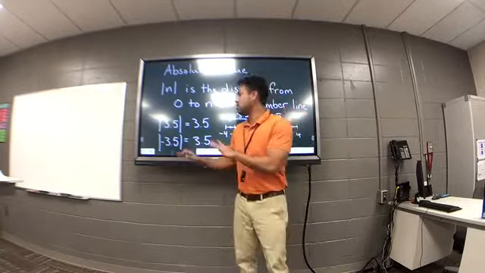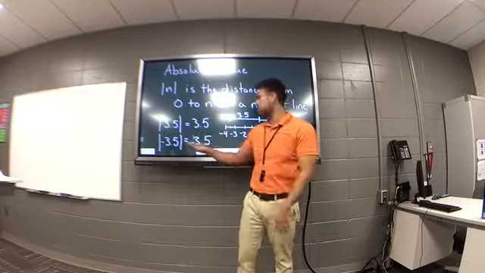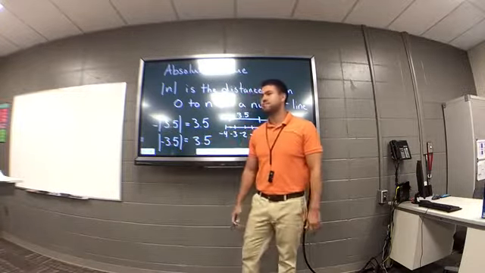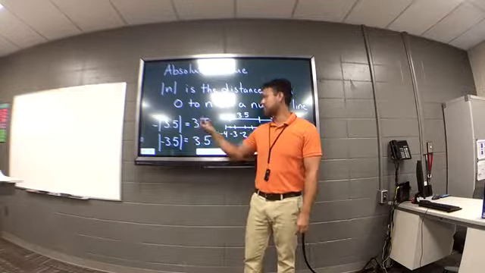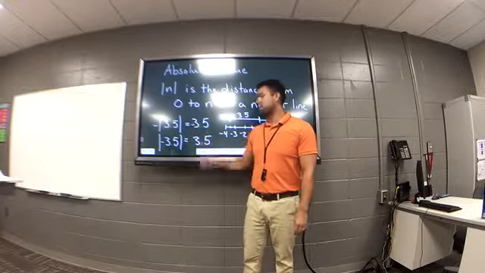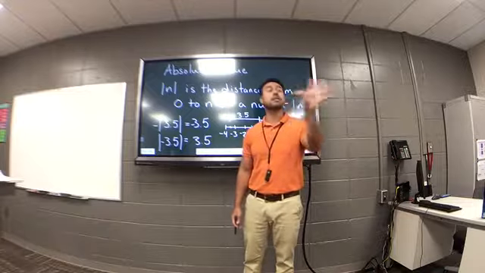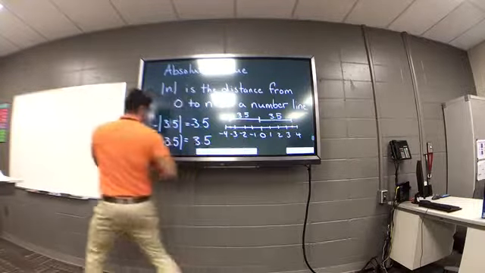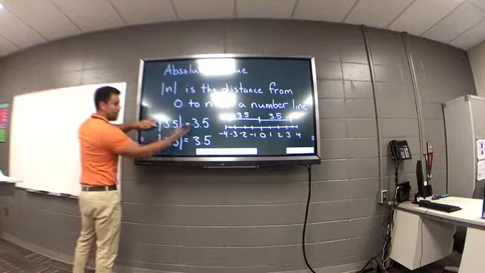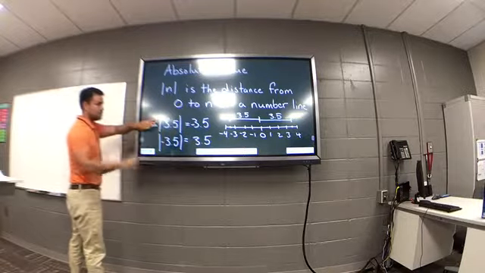Okay, ready, guys? Don't write this in your notes. I don't want to confuse the notes. But what if I did this? Negative. What's my answer here now? It's negative 3.5. You're like, wait, Miss Ray, you just said they're always positive. Okay, look at what we're saying here. The absolute value of 3.5 was 3.5, right? Positive.